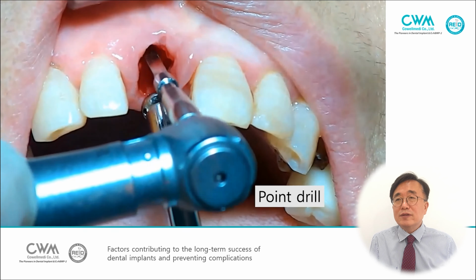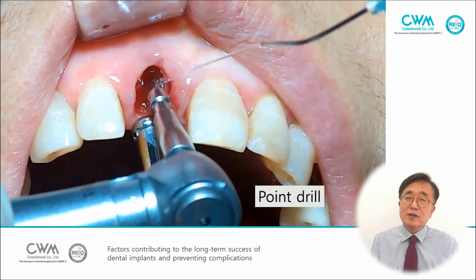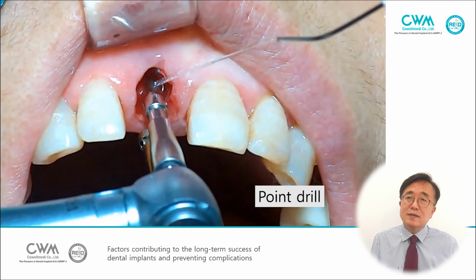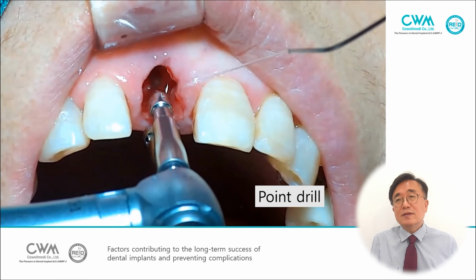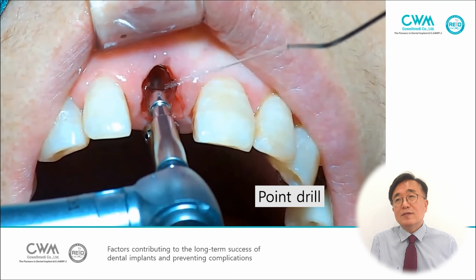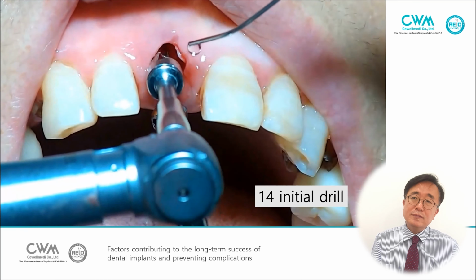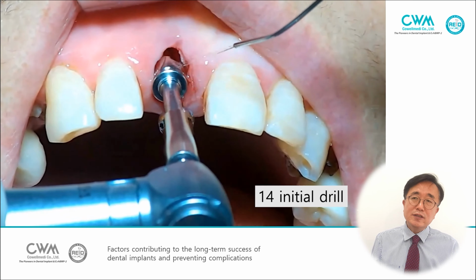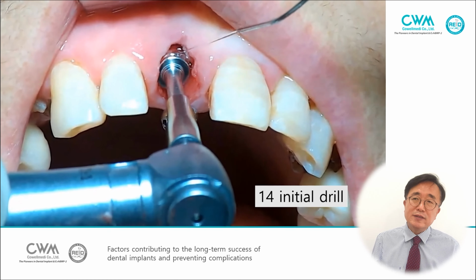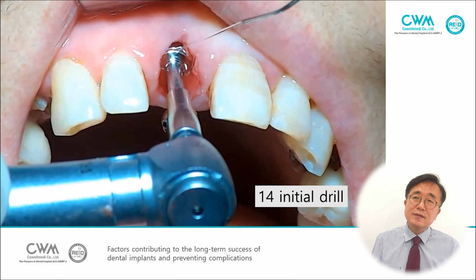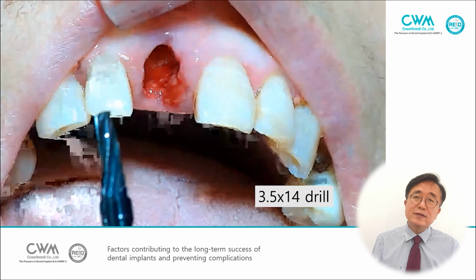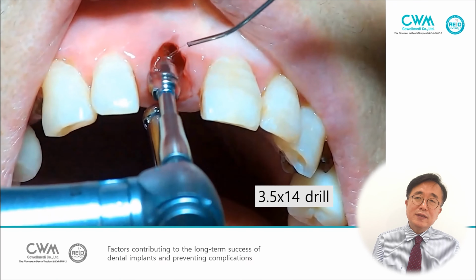First, the pointed drill is inserted in the palatal wall, and the direction of the drill is perpendicular to the palatal wall slide, and then changed to the implant direction. So you can check the stopper height, 4 mm.